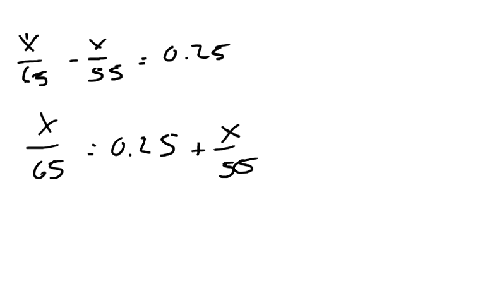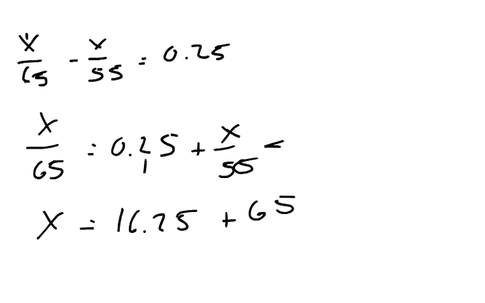Then I can multiply both sides by 65, using the distributive property, so I get x equals 16.25 plus 65x over 55.